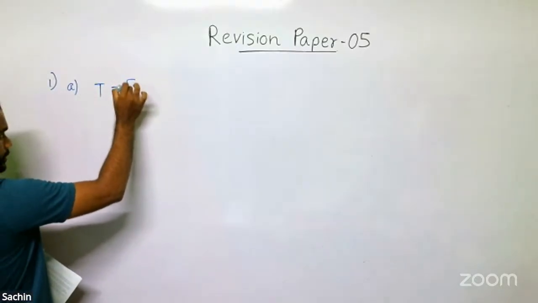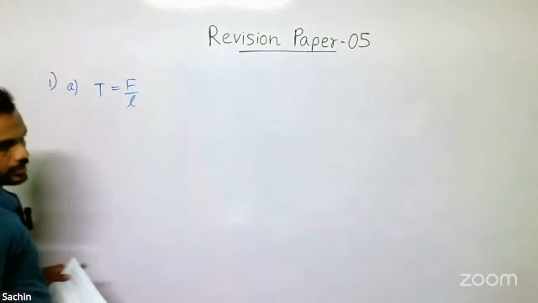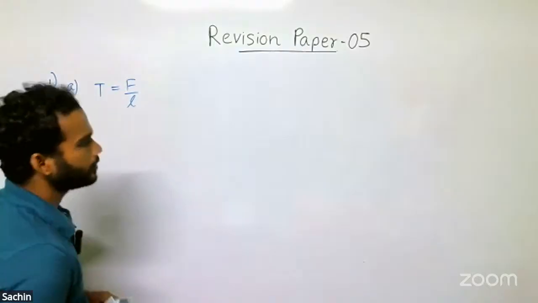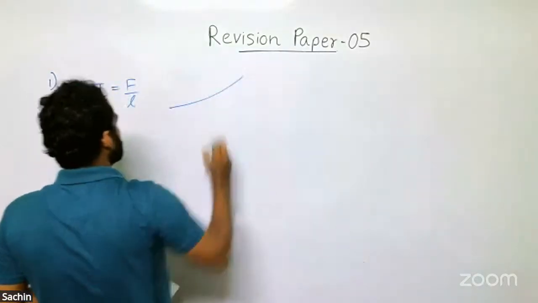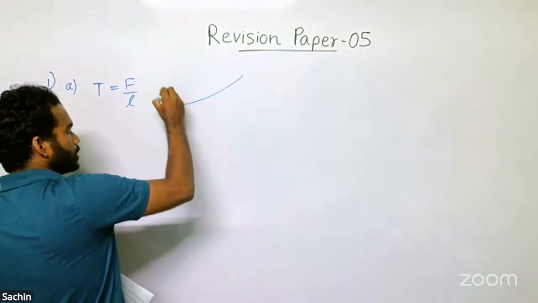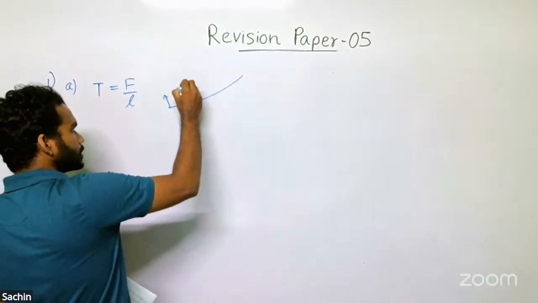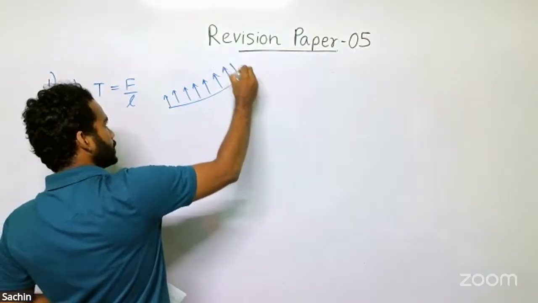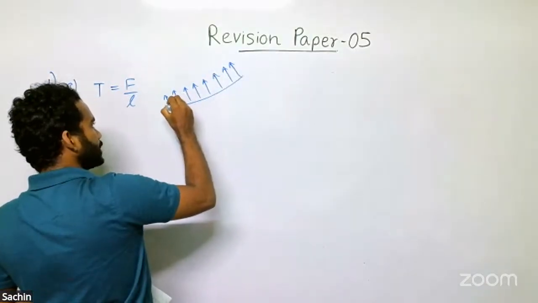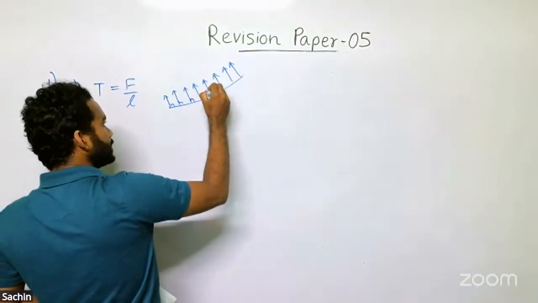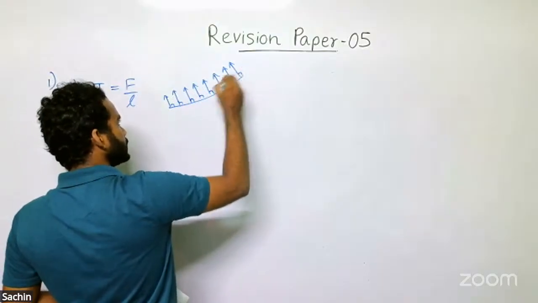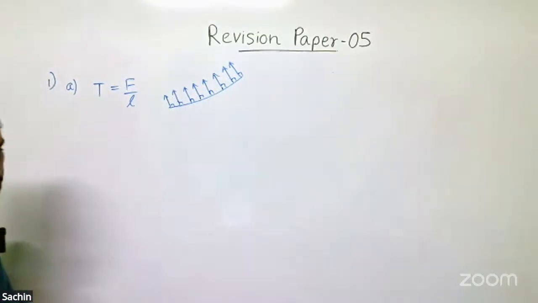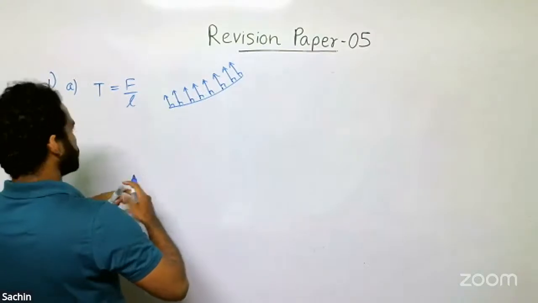You can do this by yourself. Surface tension is defined as the force per unit length. By the way, that's not enough. So you have to say the force acting perpendicular through the surface to a single side of an imaginary line drawn on a liquid surface with a unit length is called the surface tension.